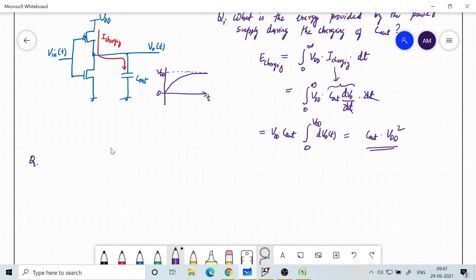Out of this power supplied by the power supply, how much is getting stored in the capacitor? So what is the energy stored in the capacitor?